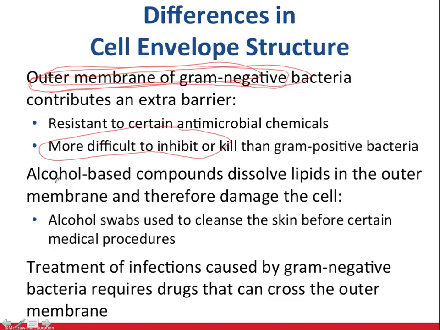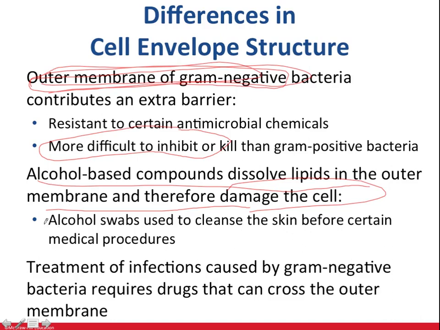Alcohol can dissolve this layer and kill the cells. However, we cannot inject alcohol into the patient's body to kill these cells, because if we inject tons of alcohol, we will kill the patient.